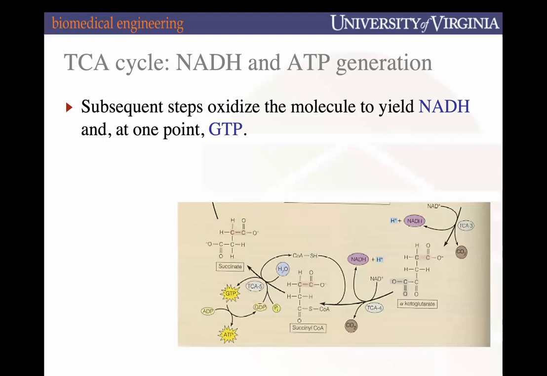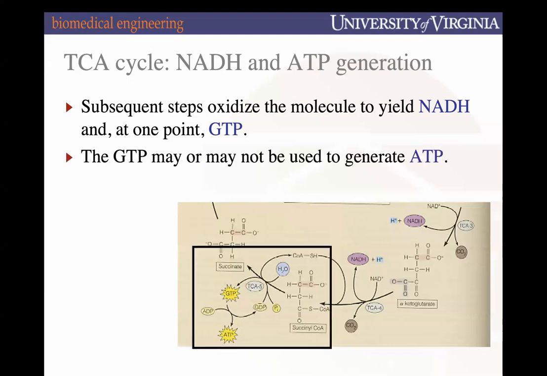And so the phosphate group on this GTP can move back and forth across a GTP and ATP. But the key thing to note here is that definitely there will be NADHs that are produced, as well as one of these energy substrates, either a GTP or an ATP. And the GTP may or may not be used to generate an ATP.